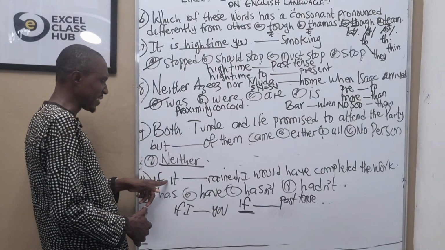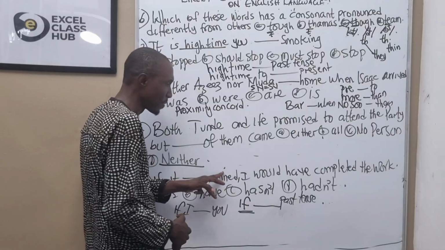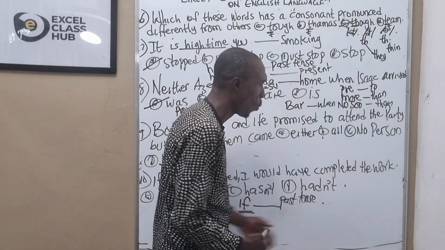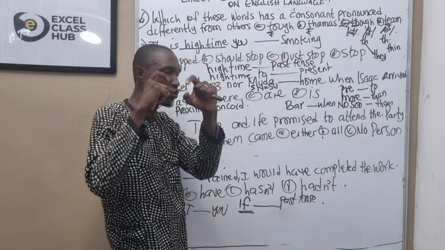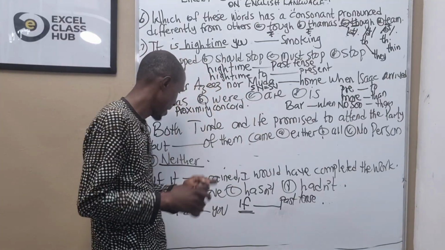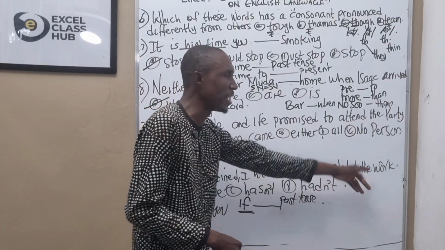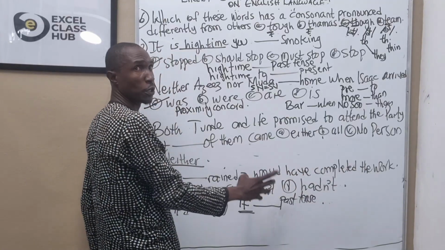Now, in this sentence here, it says, if it dash rain, I would have completed this work. Showing you two contrast words. If it dash rain, I would have completed the work, which means there is something that stopped this work from being done.